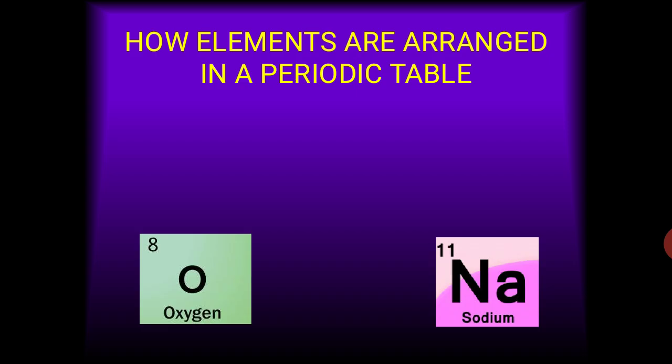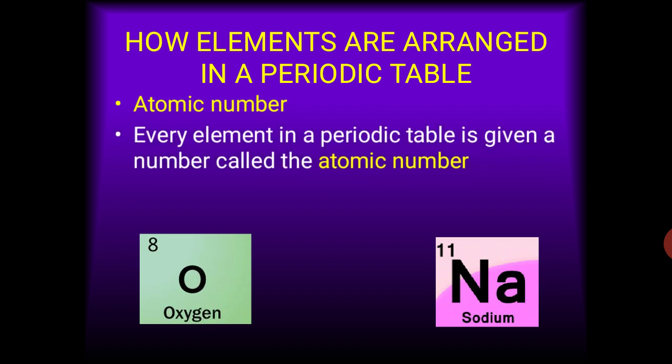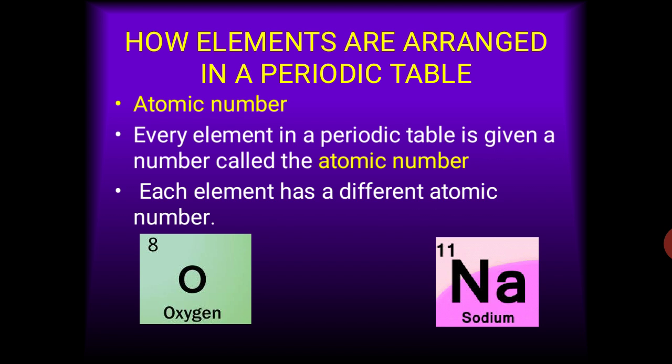How are elements arranged in the periodic table? Before going to that, we have to know the atomic number. What is atomic number? Every element has its number, that is called atomic number. Atomic number is actually the number of protons present in the nucleus. Every element in a periodic table is given a number. That number is their speciality, and each element has a different atomic number.